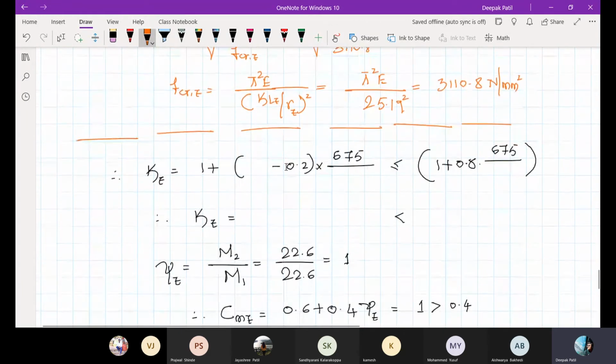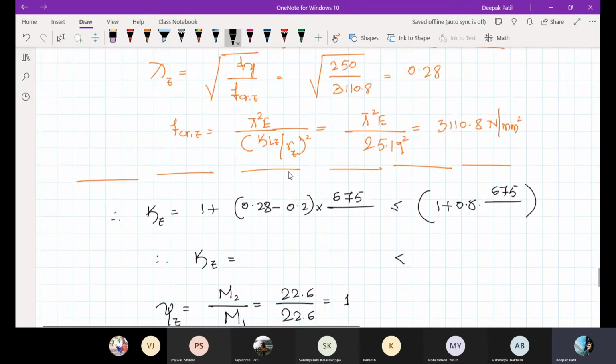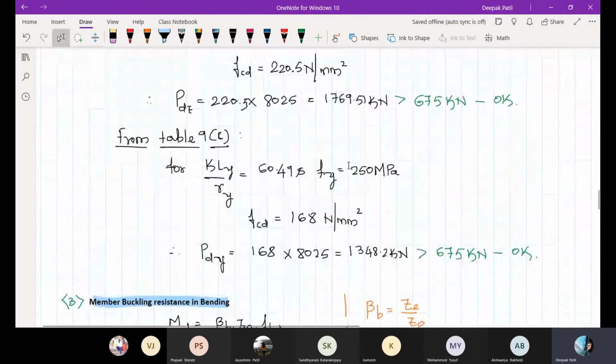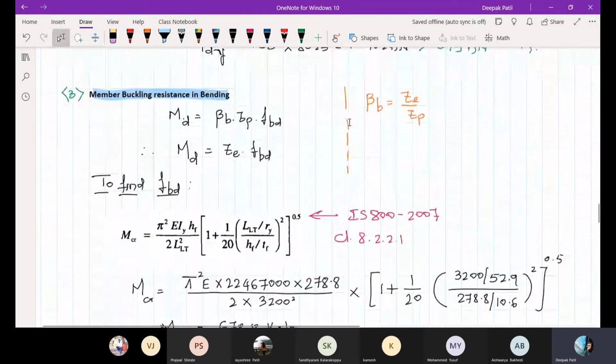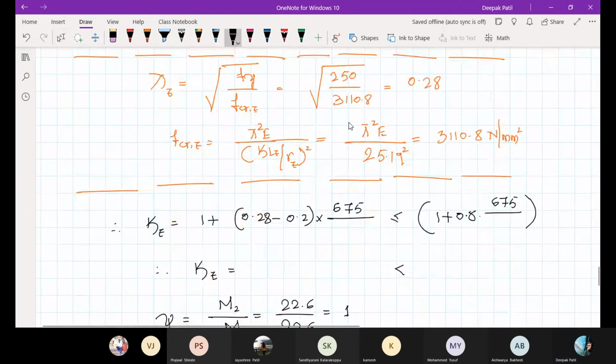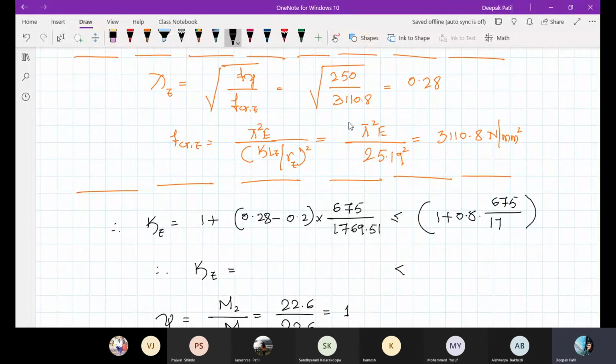So this lambda z you can substitute here. It is 0.28, times 0.2 divided into 675, that is P divided by PDZ. PDZ we have calculated just now, it is 1769.51. This should be less than 1 plus 0.8 times P by PDZ, once again 1769.51.